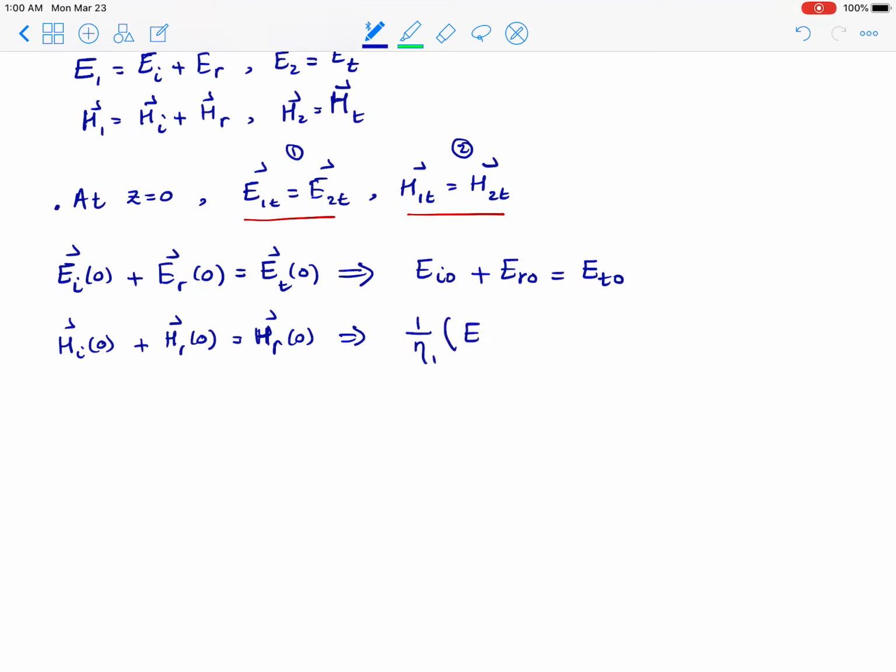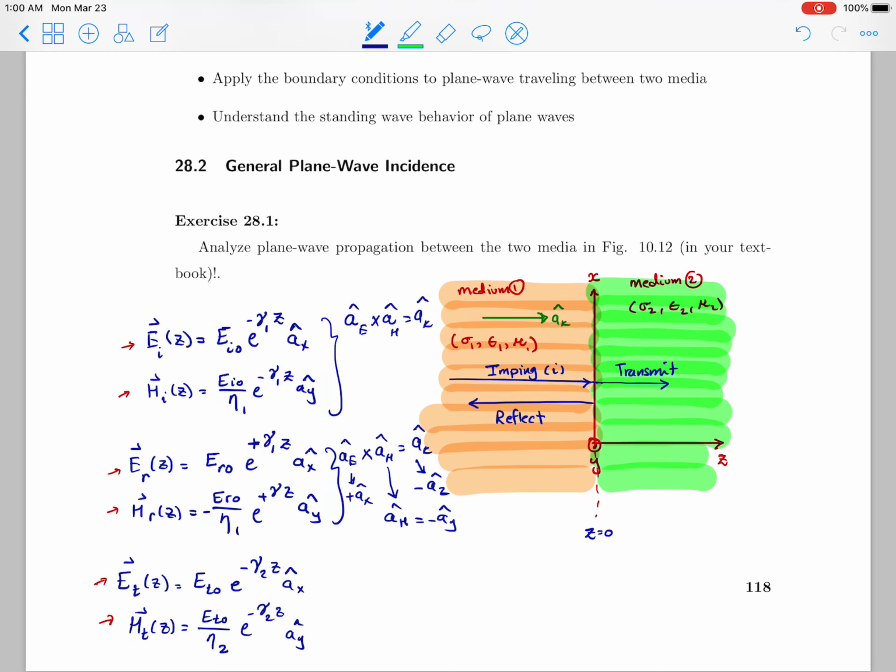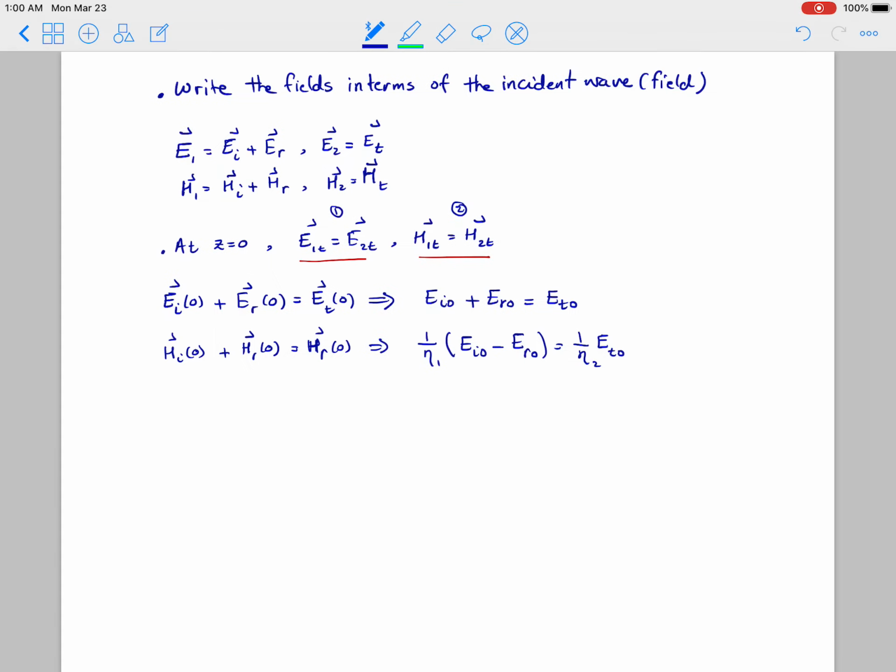All of the magnetic fields in medium 1 are expressed in terms of eta 1, and the difference of incident and reflected in minus. Here we did not do anything fancy. All we did was substitute z equals 0 in the magnetic field expressions here, here, and finally there.